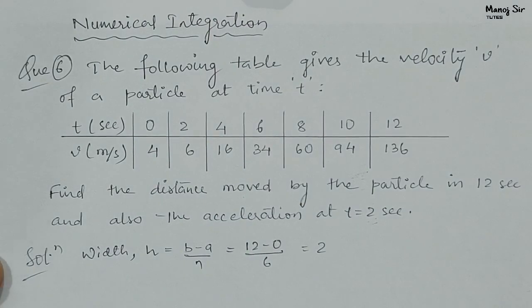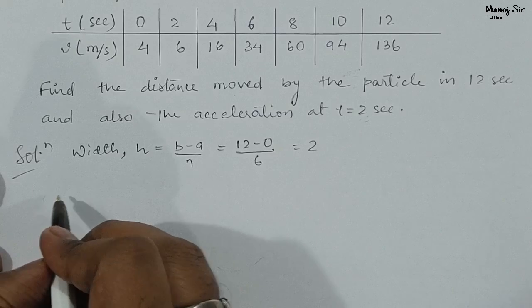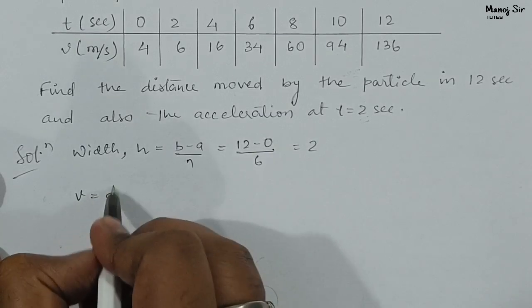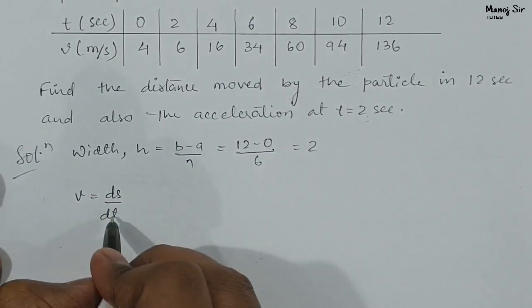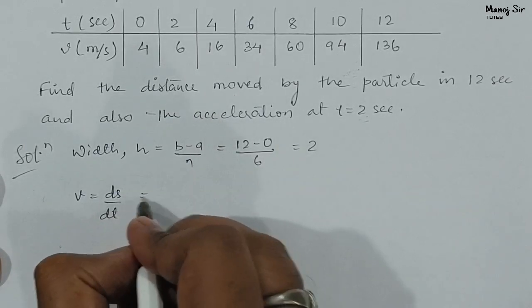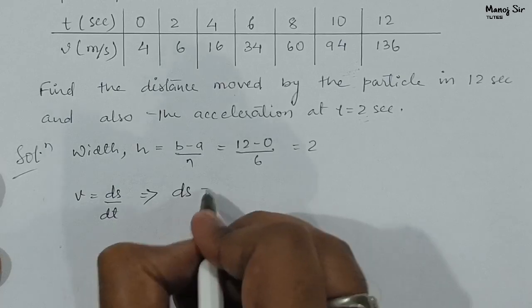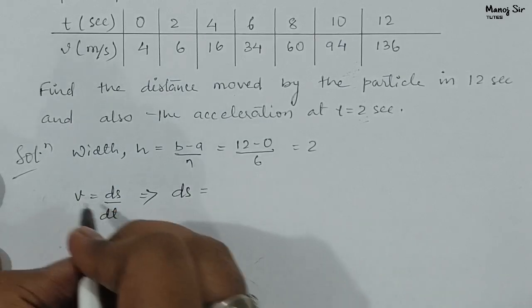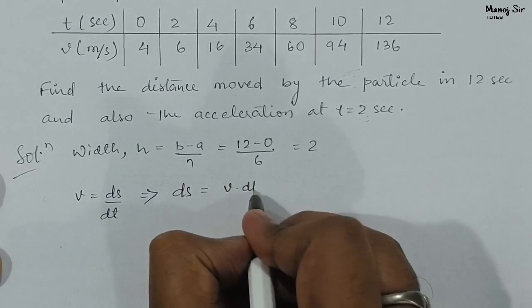We know that v equals ds upon dt. We are here to find the distance moved by the particle. So we can say ds equals, taking dt to the right-hand side, v into dt.